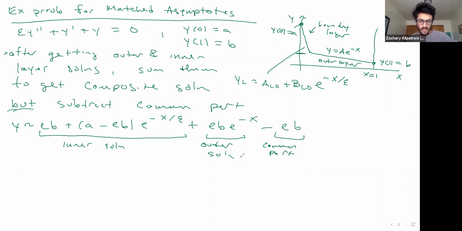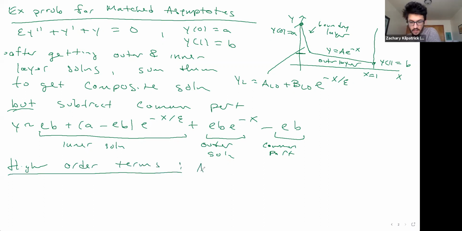But let's say that we wanted to look at higher order terms for our problem here. And so in this case, we're going to look to order epsilon in each region.